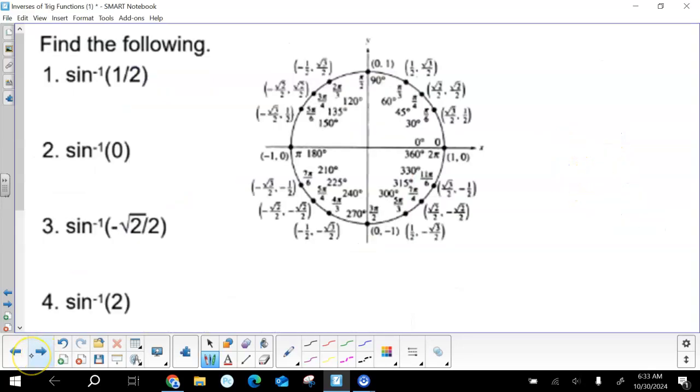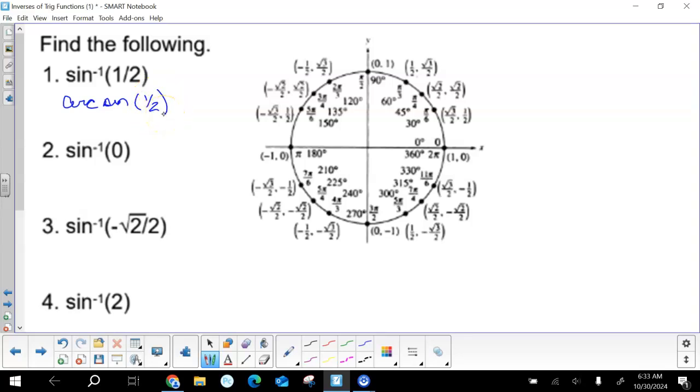How does that work? So if you look right here, when you're saying I want the inverse of sine of 1/2, there are two different ways to write this. You can write sine inverse of 1/2, or that is the same thing as the arc sine of 1/2. Just a different way to write the same question.